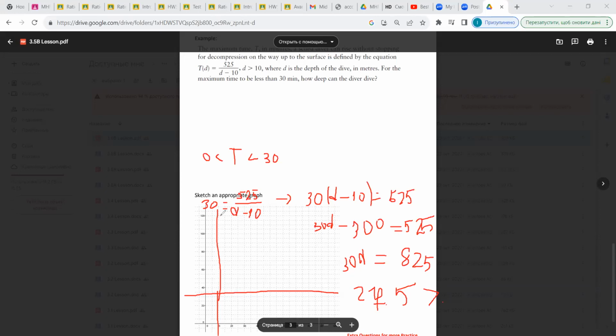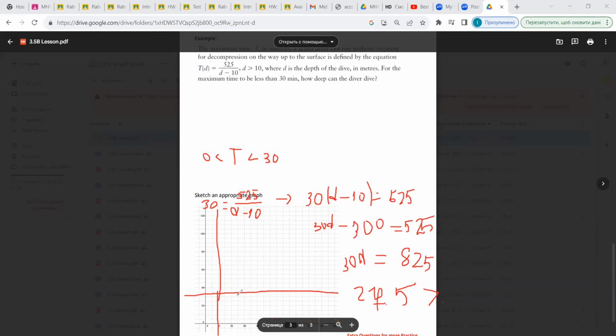So initial graph would look like this, right? But we're interested in only this region because this is when time is less than 30 minutes.